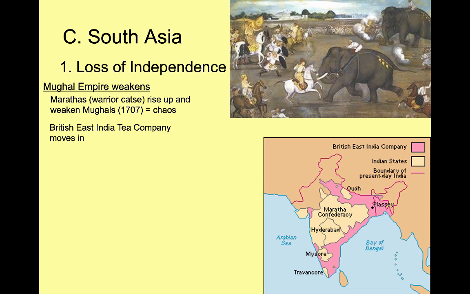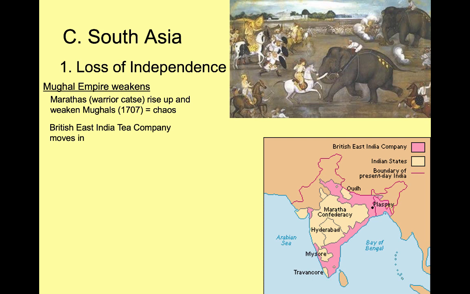Now, an external reason, as I said previously, as the Marathas weaken the empire and the Mughals from within, the British primarily are going to take advantage of this, and it's the British East India Tea Company before it's the British government. So the British East India Tea Company, they're a private company who are really interested in expanding their business operations in India, because India has lots of raw materials that we could use for our factories back home, and they have lots of people, so they have lots of markets that we could sell to.